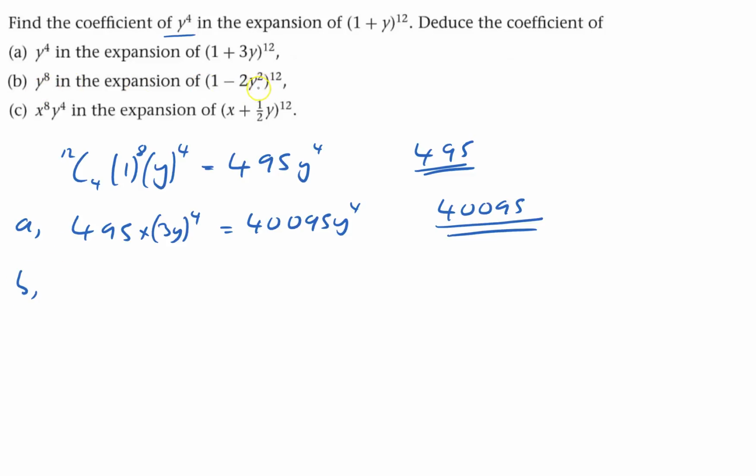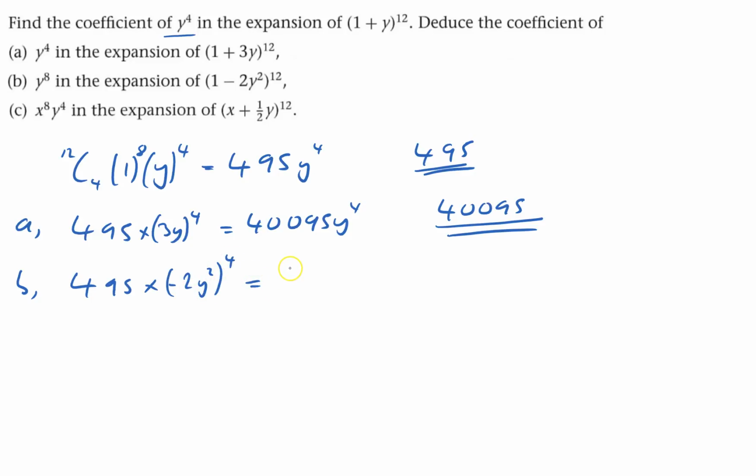Part B, y to the 8 in this. So again, it's the same thing, we're looking at 4 of those, so it's going to be 495 times the y to the power 4, and the y to the power 4 is this bit, so it's minus 2y squared to the power of 4.